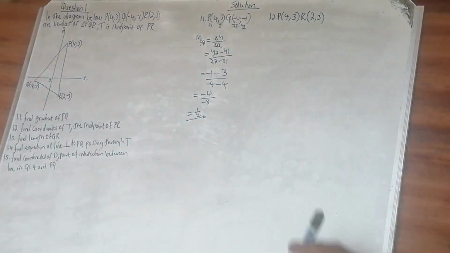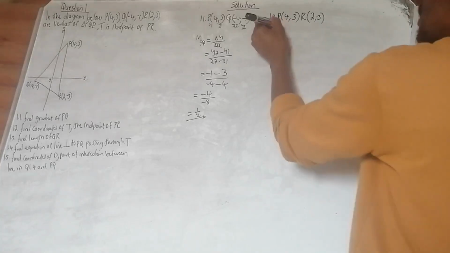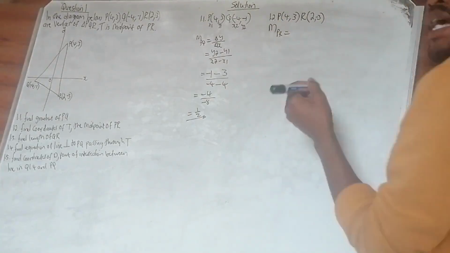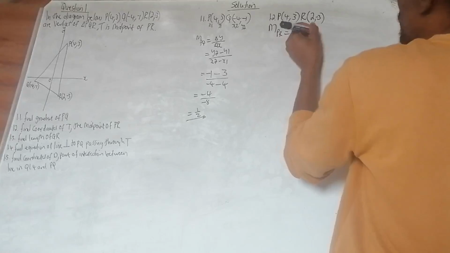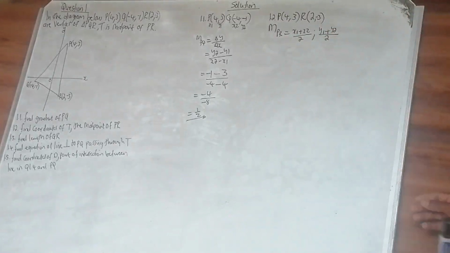Okay? Now, we are looking for the midpoint, capital M. The midpoint of PR is given by the midpoint formula: x1 plus x2 divided by 2, y1 plus y2 divided by 2. You are calculating the midpoint, which is equidistant to point P and to point R if T is the central coordinate.